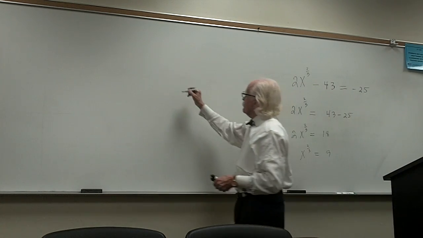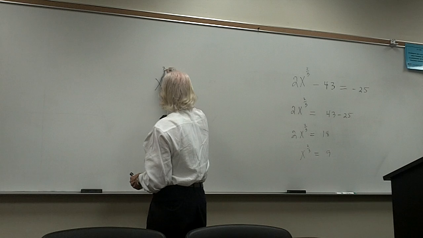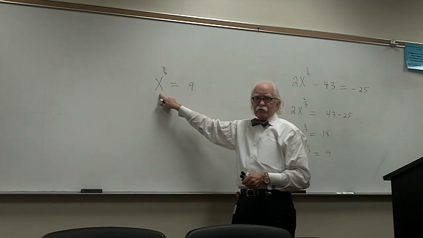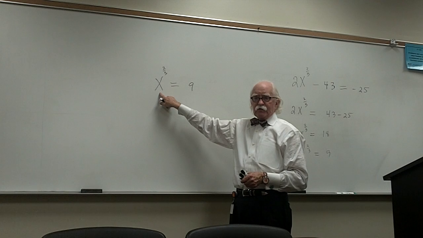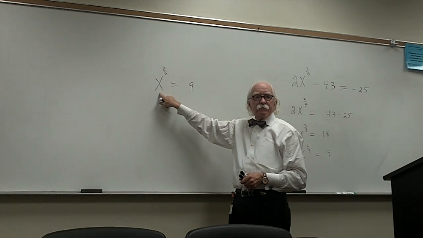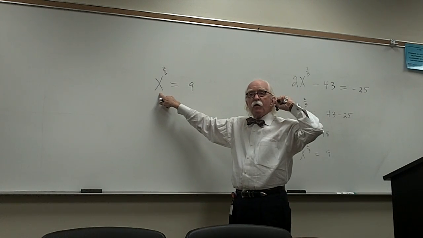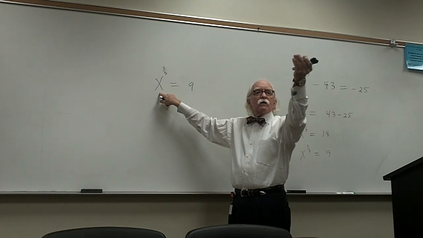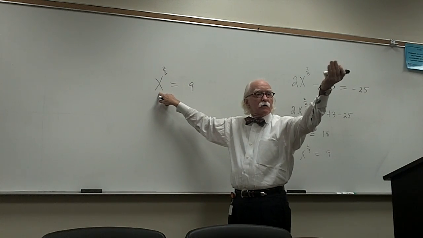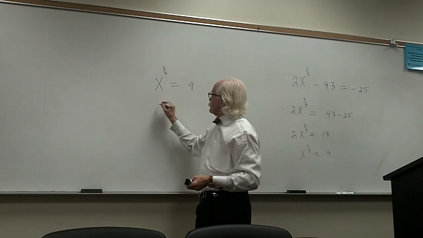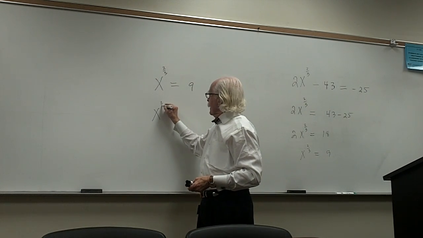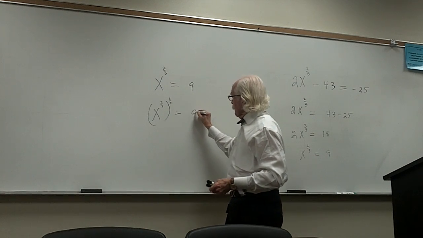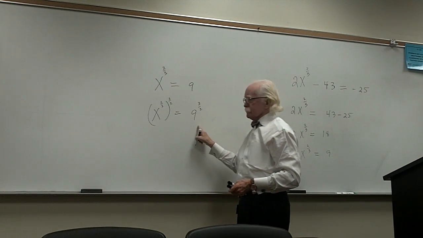So if you have x to the 2/3 is equal to 9, how do you make this just x? Take it to the 3/2 power. You raise this side to the 3/2 power.